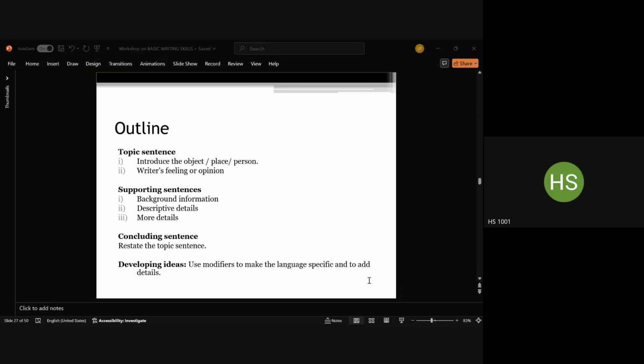You need to have a very strong grasp of how modifiers are used in a sentence, and some ideas about how you can add details. Arumugam, are you able to now see the questions?